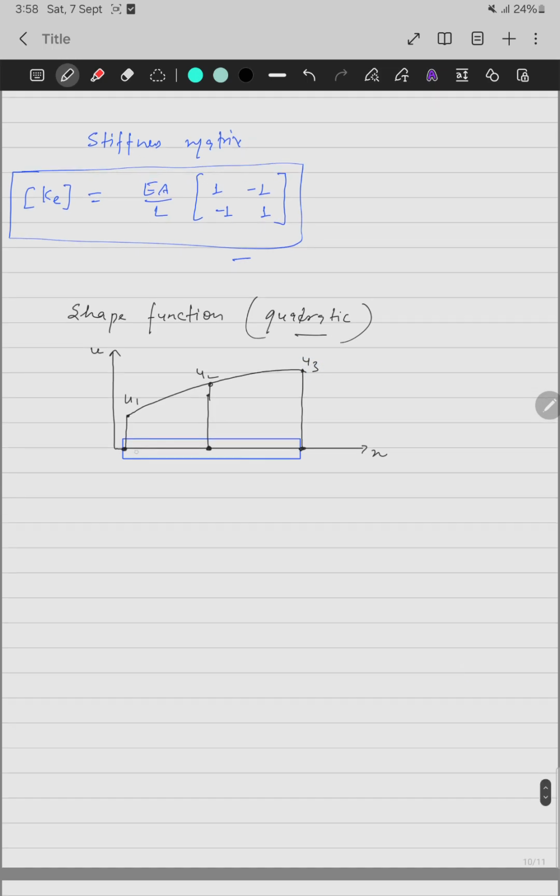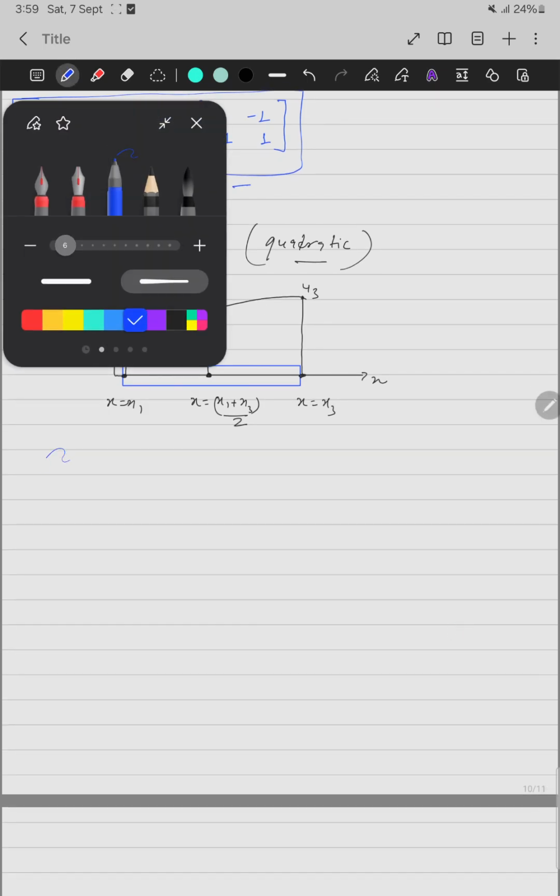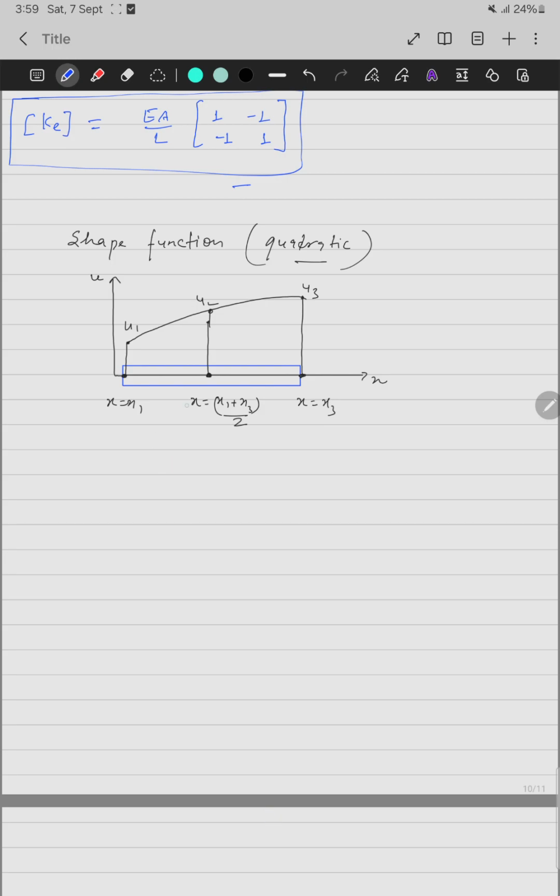Now this is x equals x1, I'm assuming, and this is x equals x3. And at the middle I am assuming x1 plus x3 divided by 2. Now for this quadratic one, what will be the general formula for the displacement?